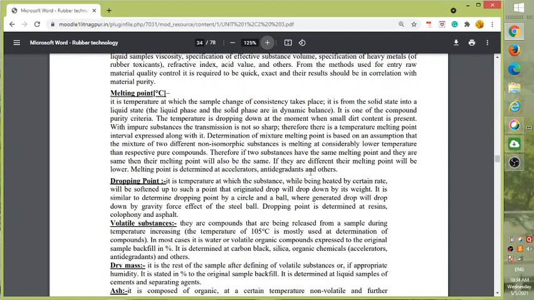Therefore, if two substances have the same melting point and they are same, then the mixture's melting point will also be same. If they are different, then their melting point will be lower. Okay, got it? Melting point is determined for accelerators, anti-degradants, and others.